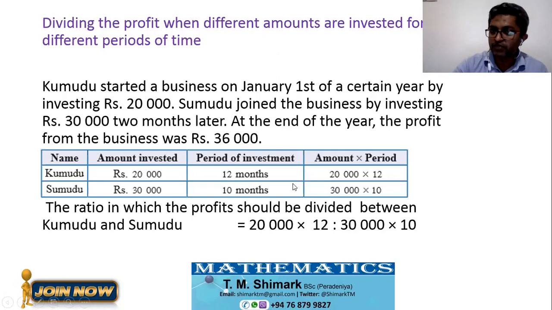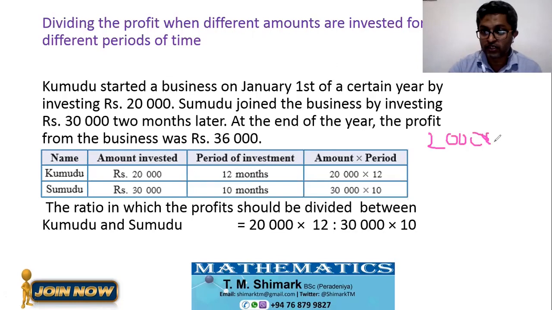The ratio in which the profit should be divided between Kumudu and Sumudu: earlier, if the time period was equal, we had no problem. We could have divided with the ratio 20,000 is to 30,000, right? This is how we normally would have divided.